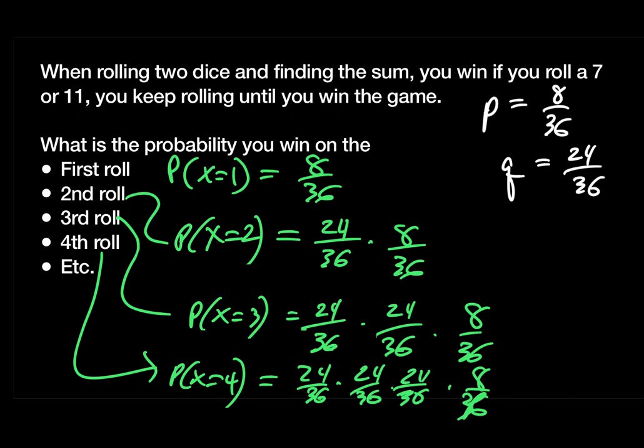Or in essence, the probability that x is on the nth roll will be q to the n minus 1, then times p. It's really tiny, but that little symbol should be minus, not times. So if I want the fourth roll, that means I need 3 failures in a row.